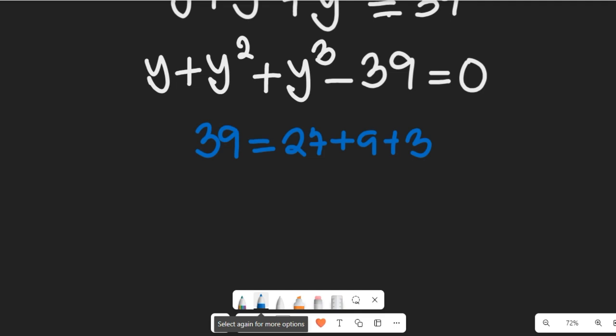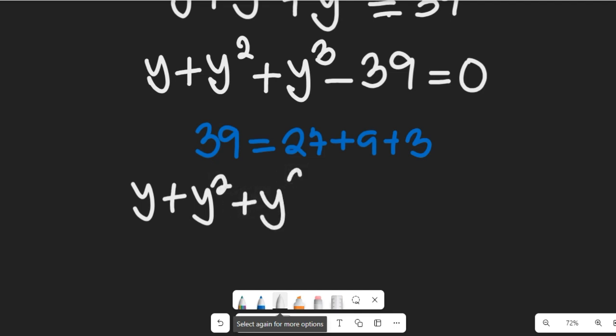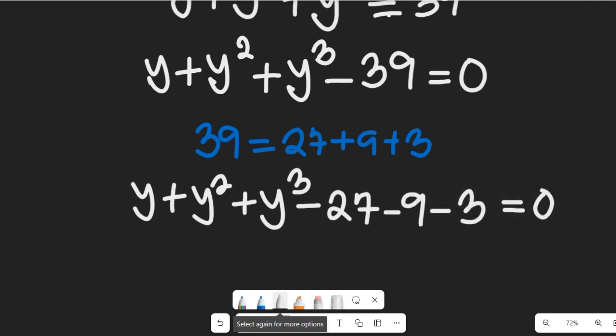So I'm going to simplify that and replace 39 with these three parameters. So this will give us y plus y to the power of 2 plus y to the power of 3 minus 27 minus 9 minus 3, and all this will be equal to 0.